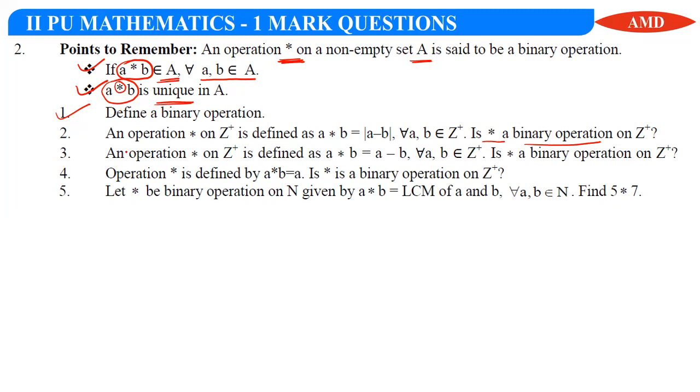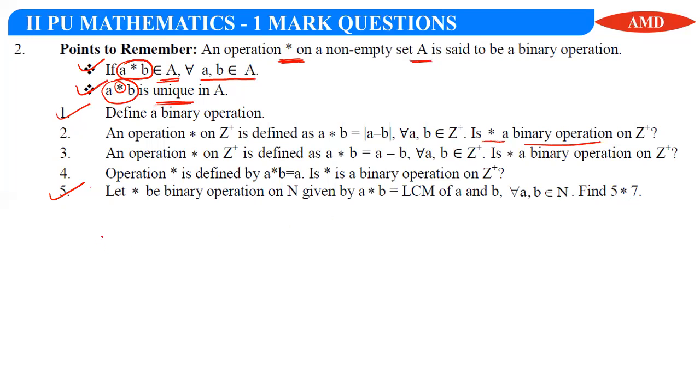Yes, let me try one question here. Maybe the 5th one, let me try. Let star be a binary operation on N given by A star B is equal to LCM of A, B for all A, B belonging to N. Now, I will have to find out the value of 5 star 7.